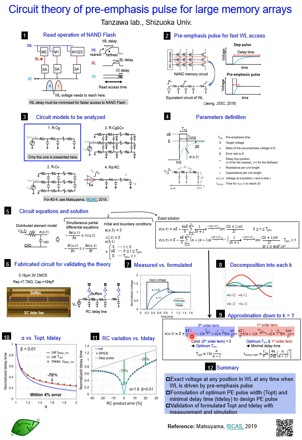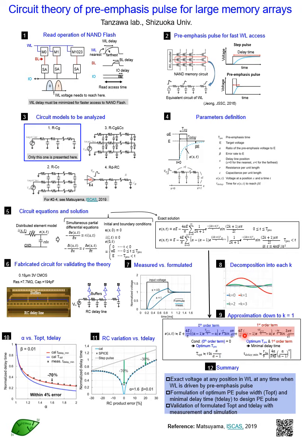You can set this term equal to 0 to get the optimum pre-emphasis pulse. I call it T opt, which is a function of tau. Tau is defined here as the RC time constant. And T opt is also a function of alpha, of course. But this is very simple.